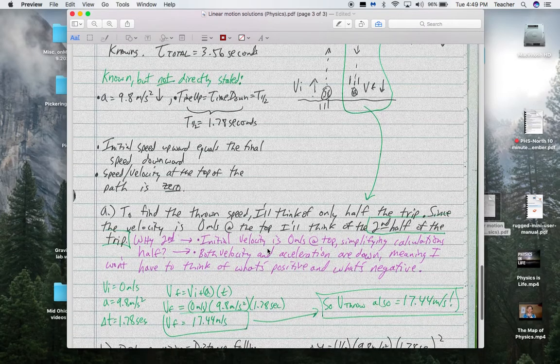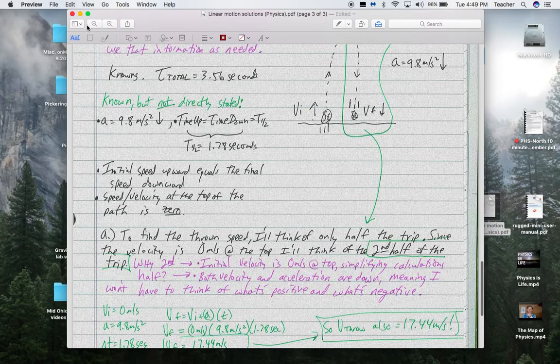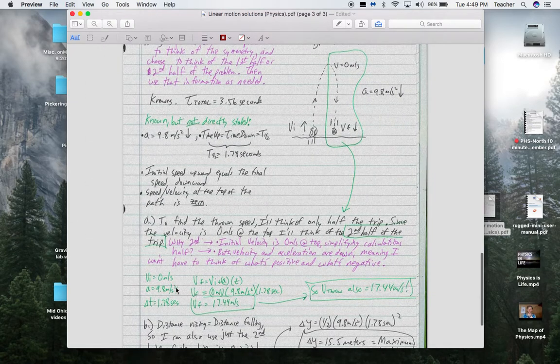Okay, so mathematically then, I'd say my initial velocity is 0, acceleration 9.8. The time is half the total time. It's accelerating downward. I use a version of formula 3, a times t.